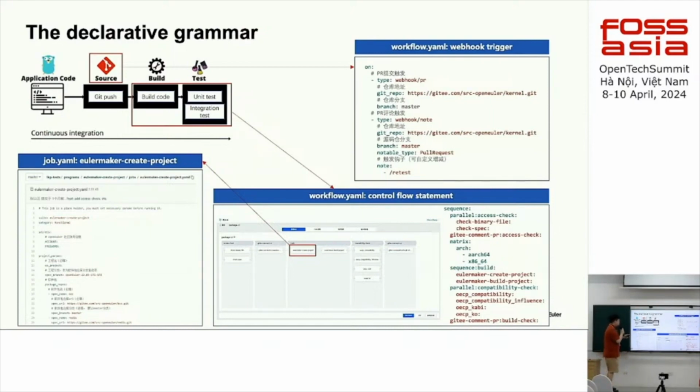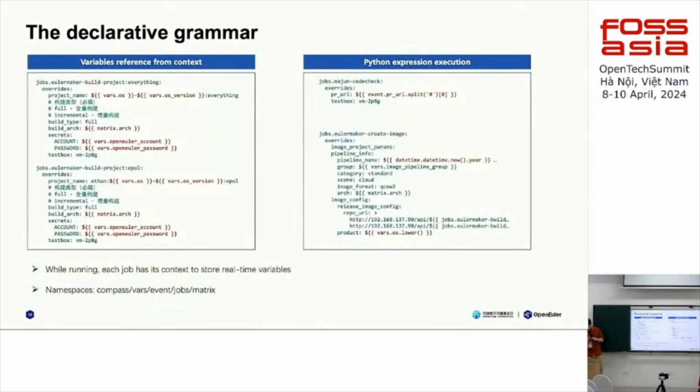So for the single red rectangle, it represents one atomic job. Like this is the create project job, and the job YAML is the YAML I mentioned before in the Compass CI section. So it is also declarative. The grammar also supports reference expressions to embed in your YAMLs like this.